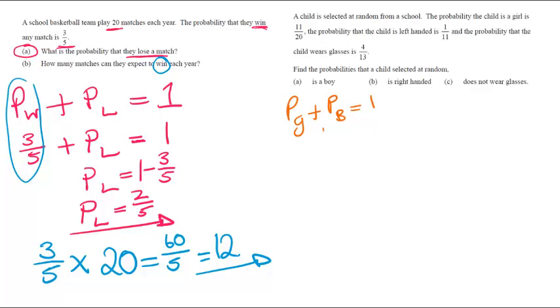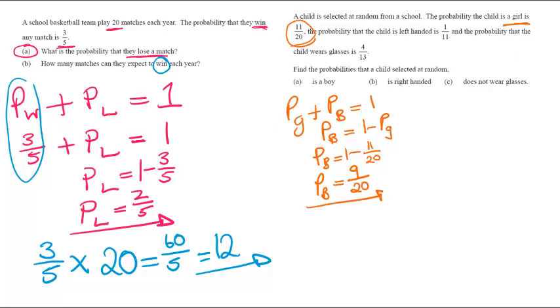So that means the probability of it being a boy is equal to 1 minus the probability of it being a girl. We know that the girl probability is that fraction. So the probability of it being a boy is 1 minus 11 out of 20. And we know that this 1 is actually 20 out of 20, right? So the probability of it being a boy is going to be 9 out of 20.